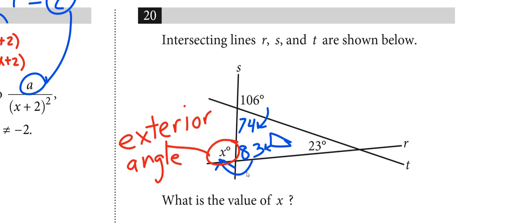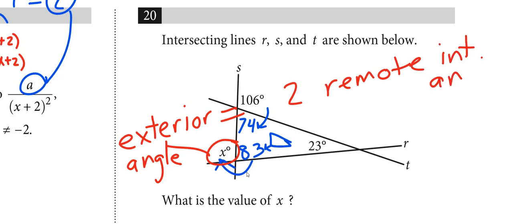And there was this really cool theorem that said that the exterior angle is equal to the sum of the two remote interior angles. All I had to do was add these two numbers together, 74 and 23, and get 97.